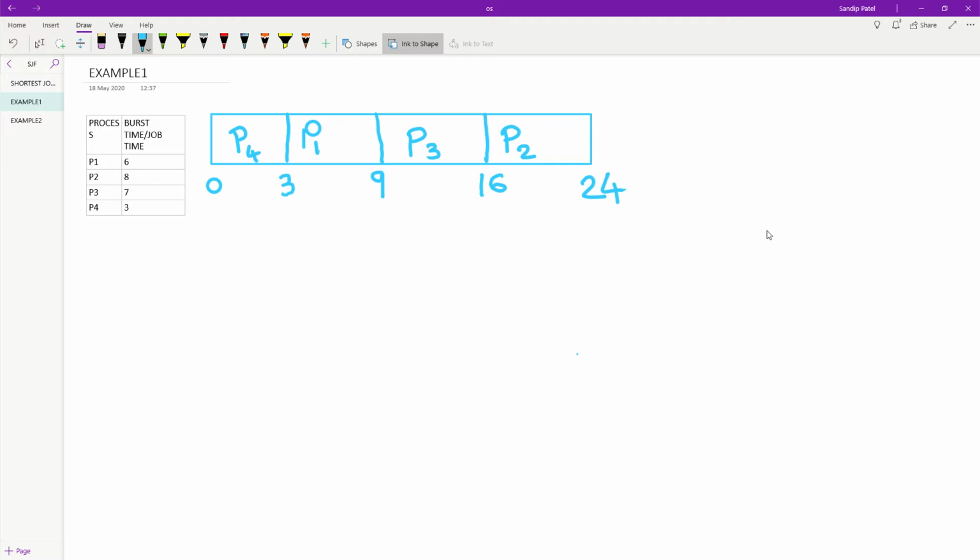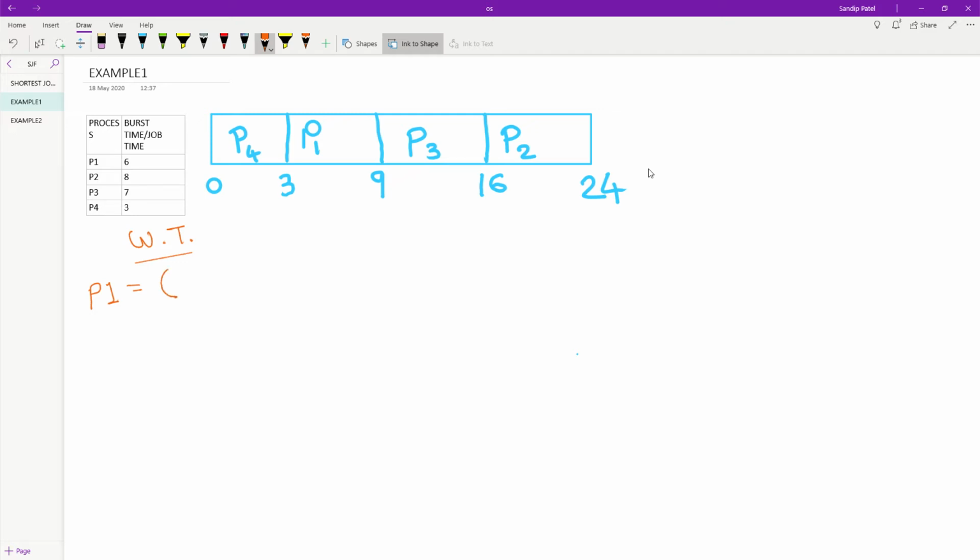Now our next task is to calculate the waiting time. We will start by calculating the waiting time for each and every process, starting with process P1. We consider that all the processes arrive at the CPU at 0 milliseconds.